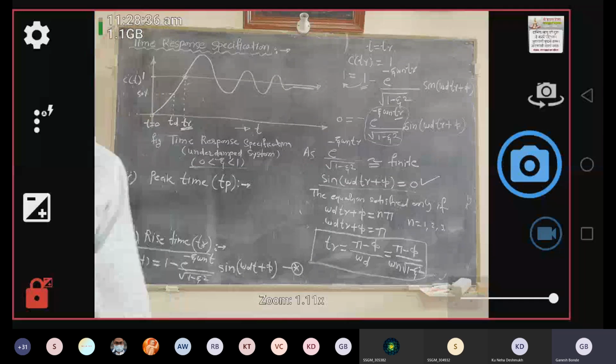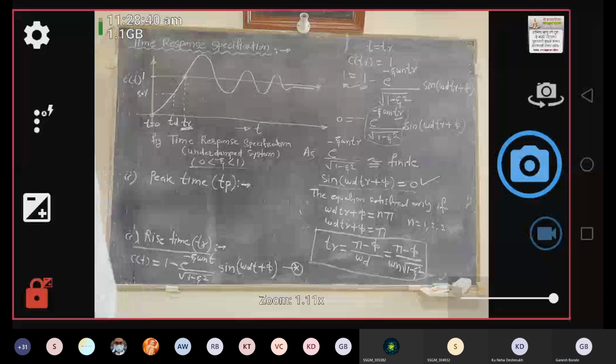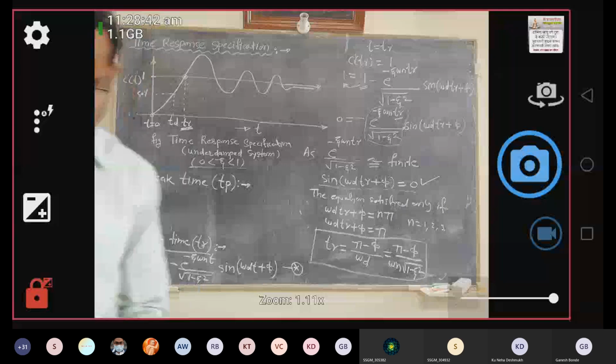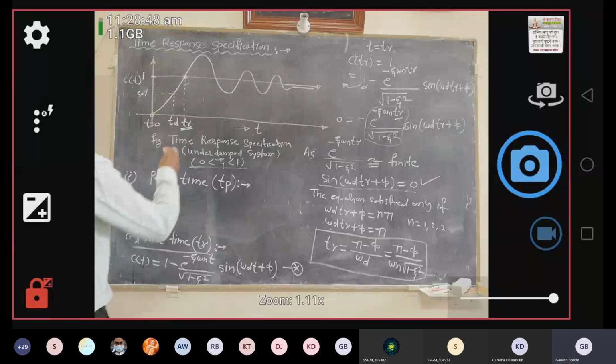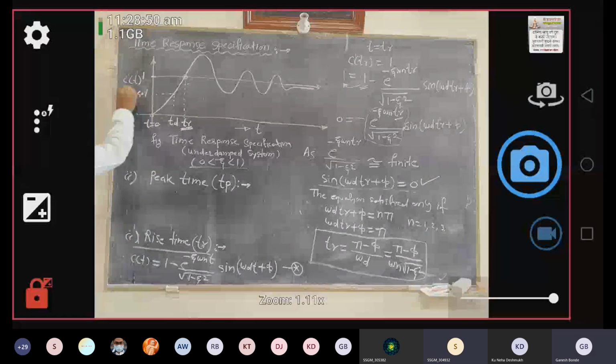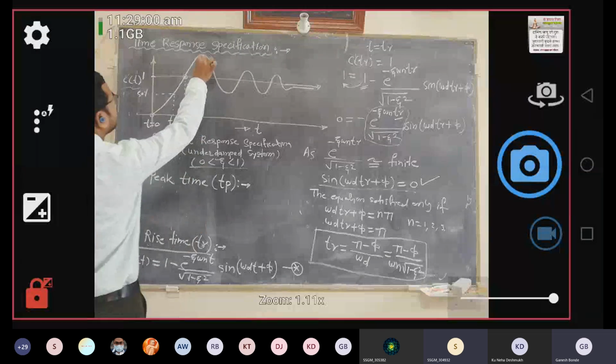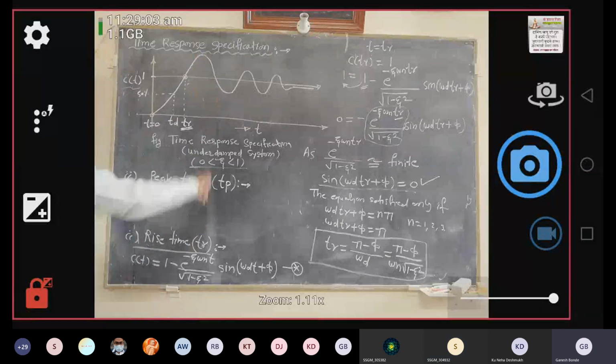I can show you. If you carefully observe this C of t, tell me the value of time corresponding to the first peak. Here, this is the highest value of C of t.